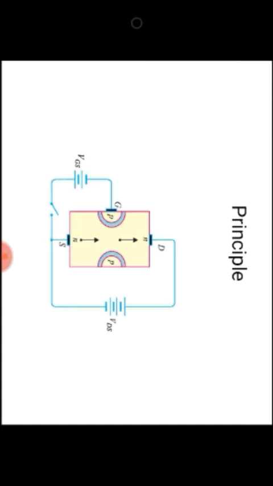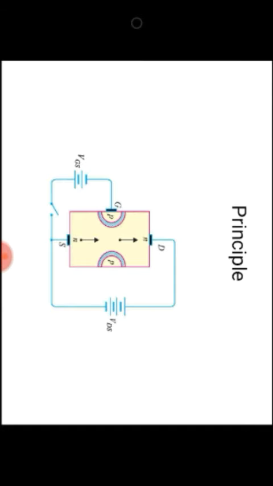The width, and hence the resistance, of the channel can be controlled by changing the input voltage VGS. Here we provide the gate to source voltage VGS as a reverse bias voltage, because to control the depletion layer at the gate we have to provide reverse bias.